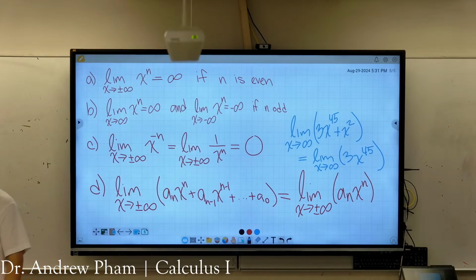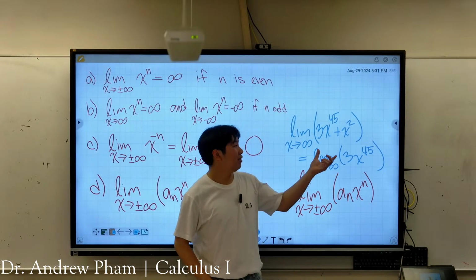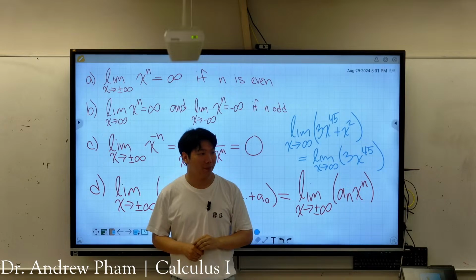But why is that the case? Why would I only care about the largest power in a polynomial and its coefficient, technically? First off, it's the largest x part. Which one of these is going to dominate the behavior more in the long run, 3x to the 45th power or x squared?